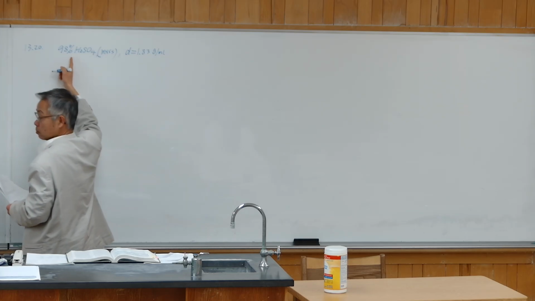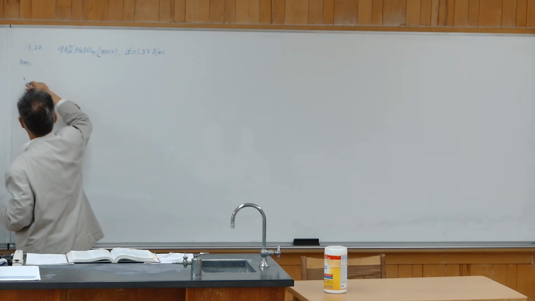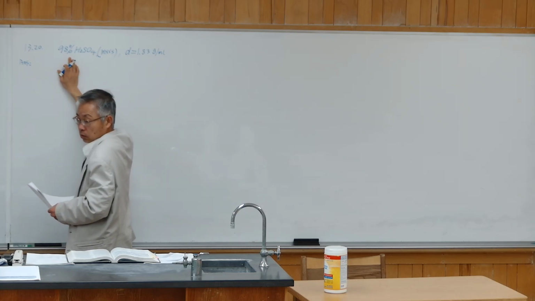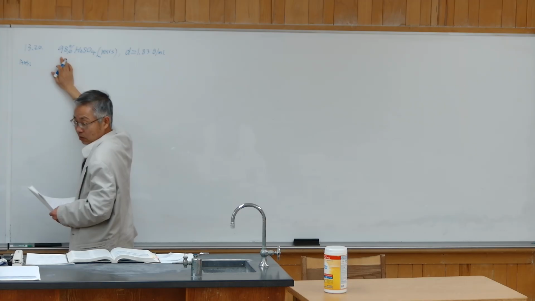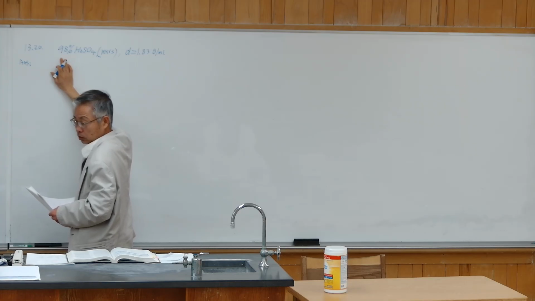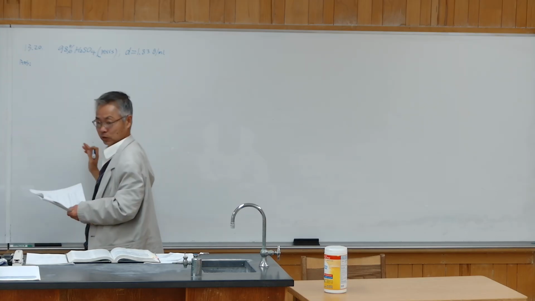Since this is a mass percent, it means in 100 gram of solution, you have 98 gram of H2SO4 plus 2 gram of water. So we just assume we have 100 gram of this solution. The rest we can calculate based on this assumption.